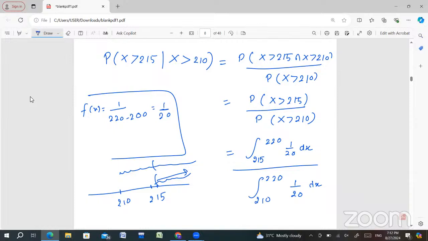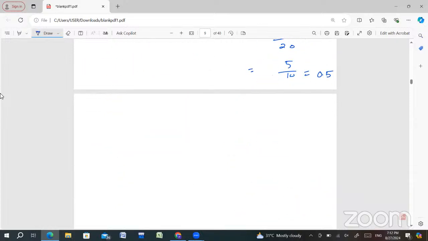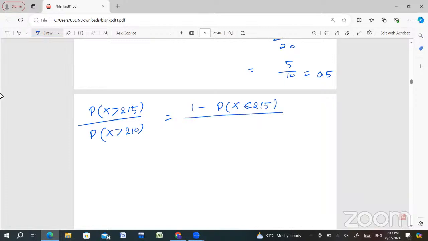Now, if you have to solve it by using the CDF method, we are given probability x is greater than 215 divided by probability x is greater than 210. So you can write it as 1 minus probability x is less than or equal to 215, divided by 1 minus probability x is less than or equal to 210, right?